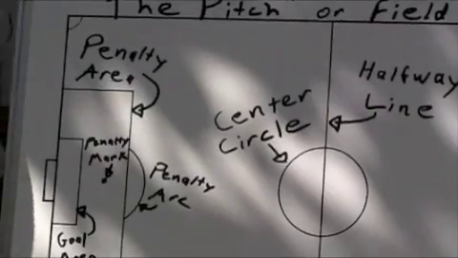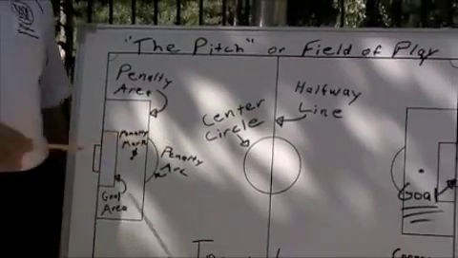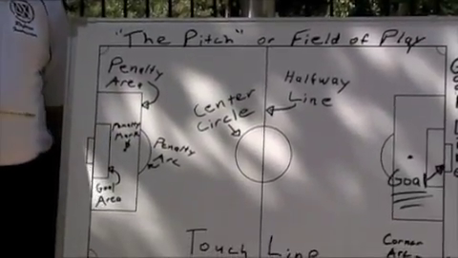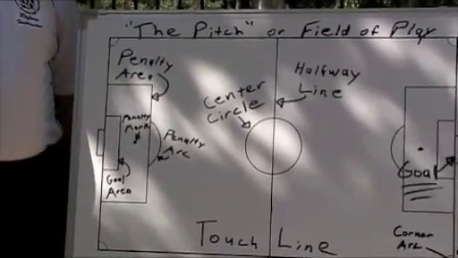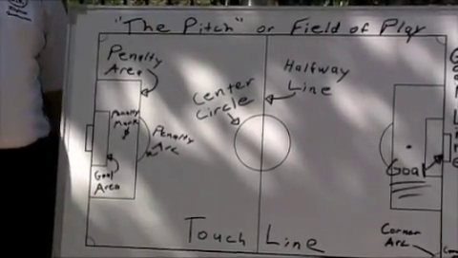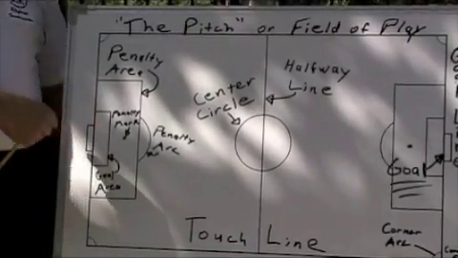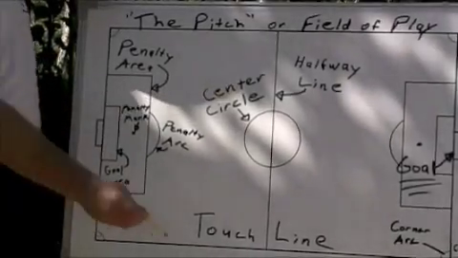For the goal to be scored, the ball has to pass entirely across the goal line. All parts of the ball have to be past the goal line and between the goal posts. It doesn't have to go all the way into the net, just between the goal posts, all the way across the goal line. Similarly, I talked about the touch line.